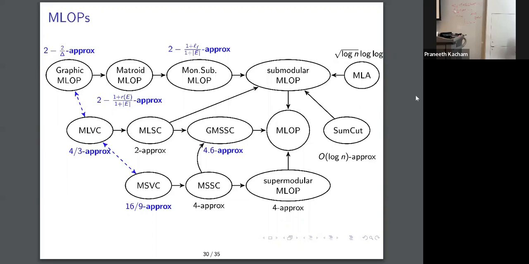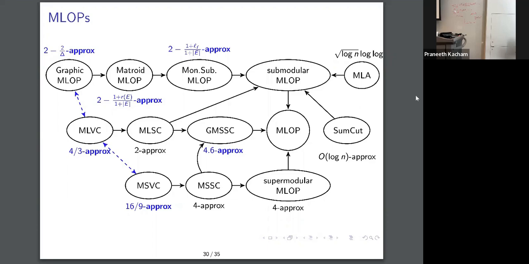Minimum sum vertex cover is also a problem we do not talk about, but just to mention that it's a special case of minimum sum set cover, where instead of an edge, we have a hyperedge, and that is a supermodular MLOP.